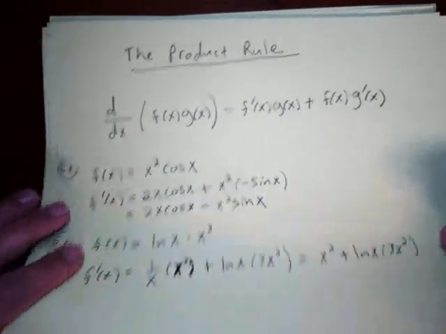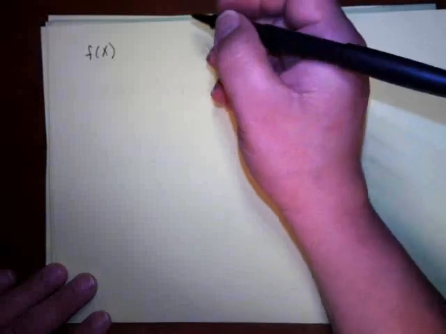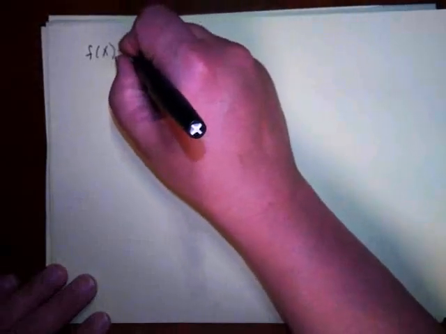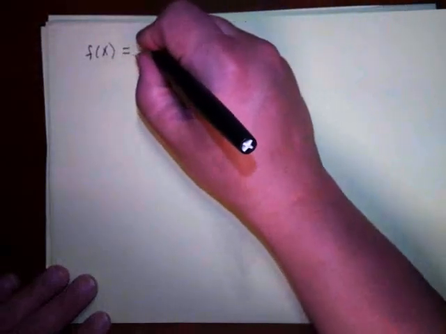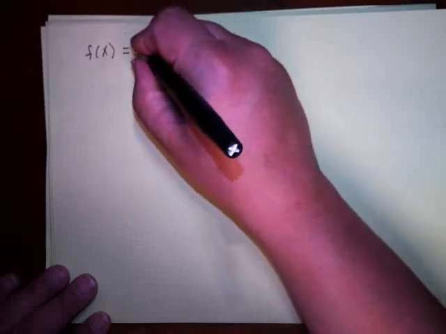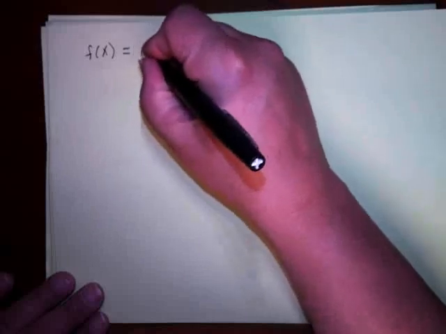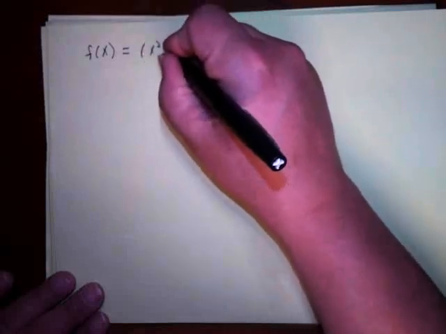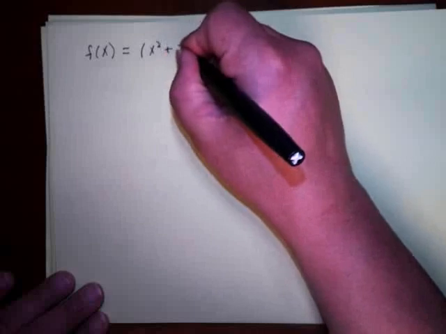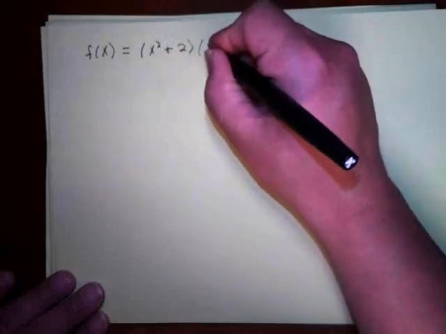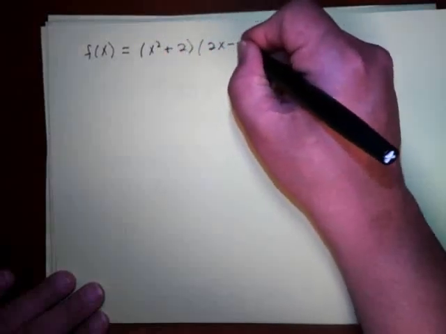So let's try another example here. Let's try the following. I want to do, this will just be interesting here, I'm going to do x squared plus 2 times 2x minus 1.